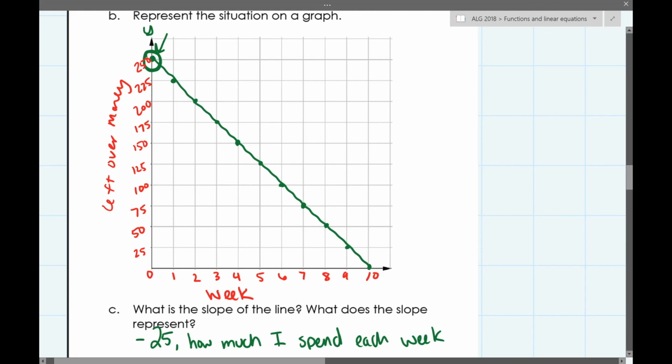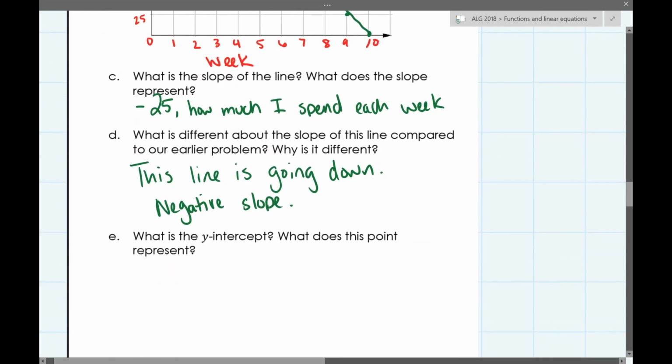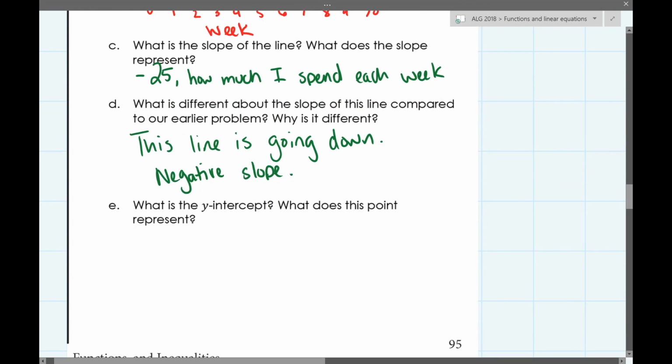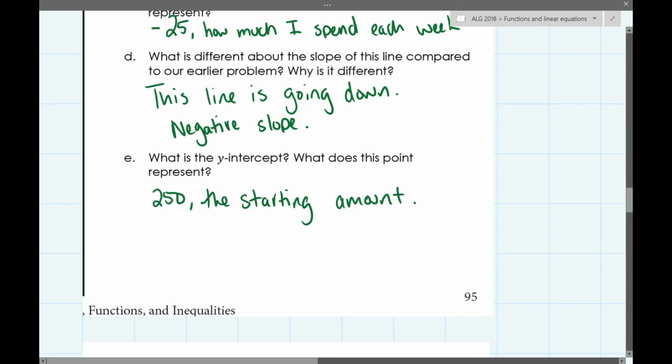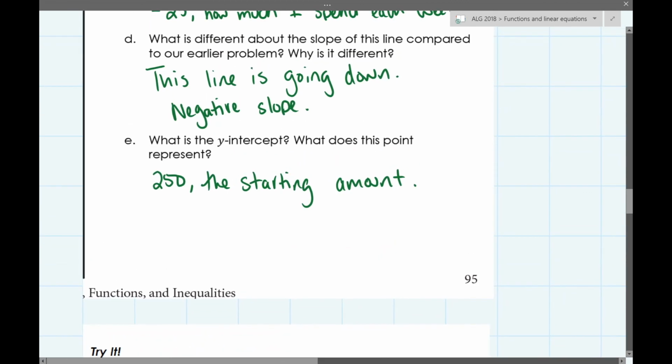That right here is my y-axis, and it hits right here. So what is the y-intercept? The y-intercept is 250. Now what did 250 represent? It represented the starting amount. And that is it.